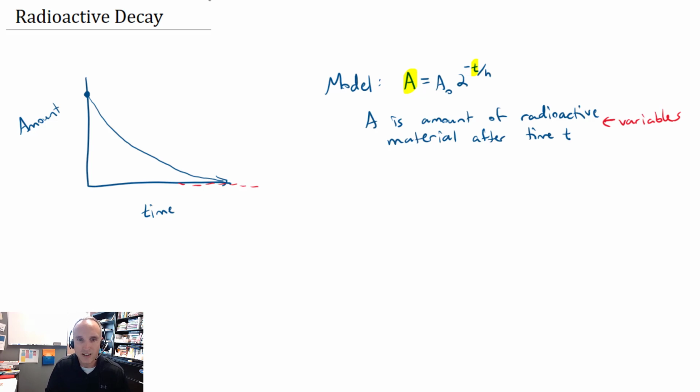Then we've got A naught, which with the subscript of 0 usually means a starting amount. So in fact, it is the initial amount of radioactive material. And H is the half-life of the radioactive material. These are both constants. They don't change.